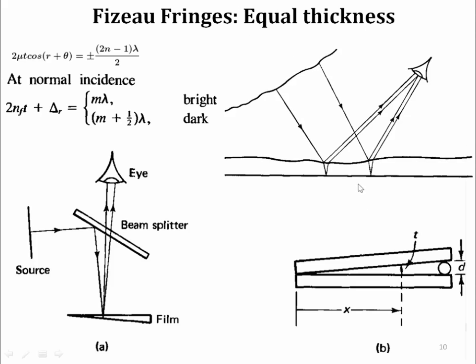This kind of thing can be observed in oil films on the surface of water. You may have small thickness variations, and for one wavelength the condition for maxima is satisfied, so the film appears to be of that particular color.